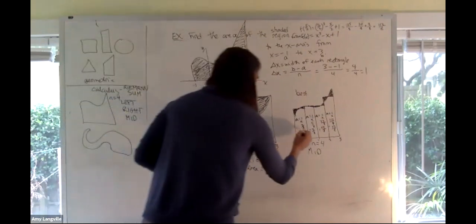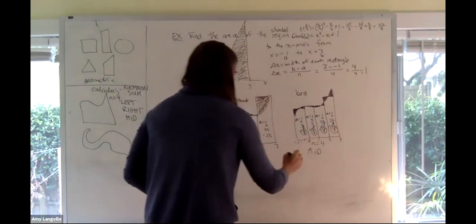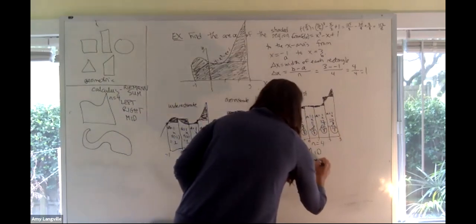So I need to add up these 4 things, and that'll give me my mid-approximate area using 4 rectangles.